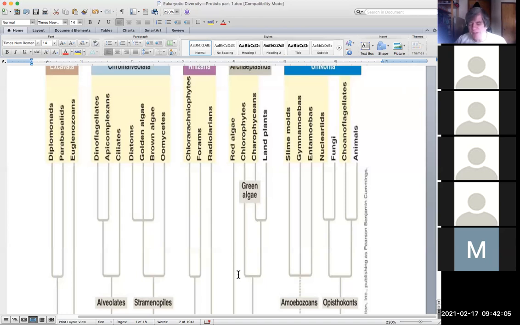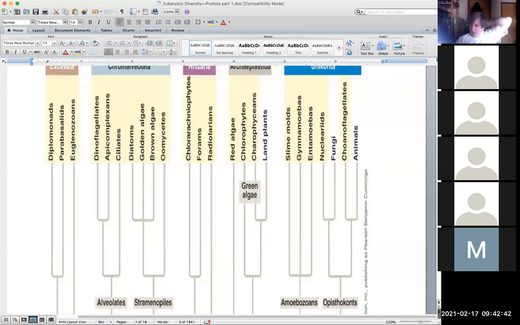But notice when we have a group like green algae that doesn't include all the descendants of a common ancestor. So here's our common ancestor back here. All the descendants are the land plants, charophytes, and chlorophytes. If we have a group that doesn't include all the common descendants, this group is called polyphyletic. They evolved from two different common ancestors, the common ancestor here and the common ancestor up here of the charophytes and the land plants.